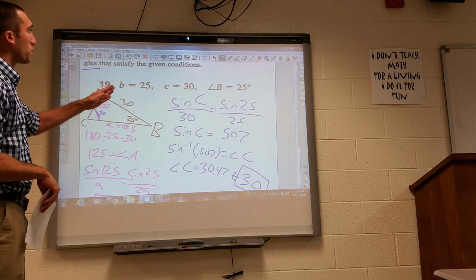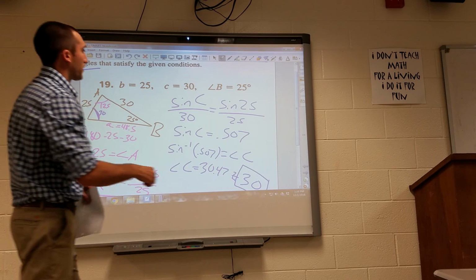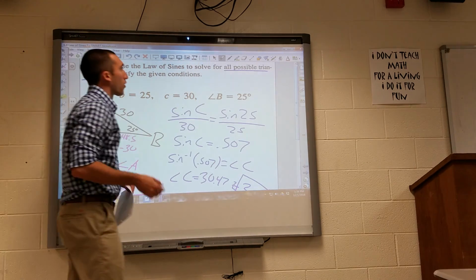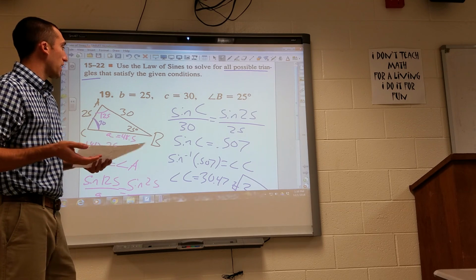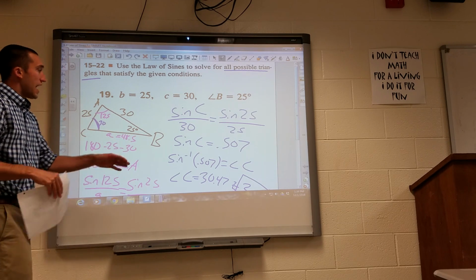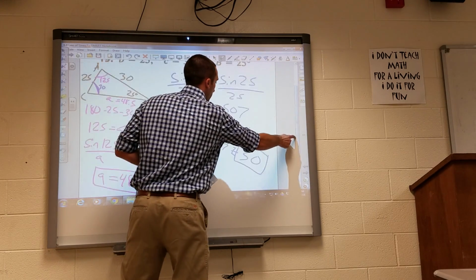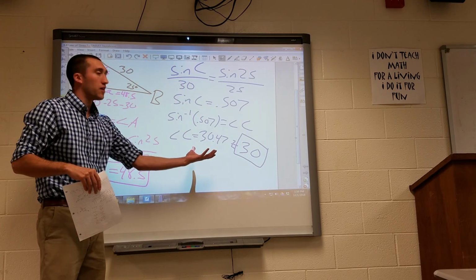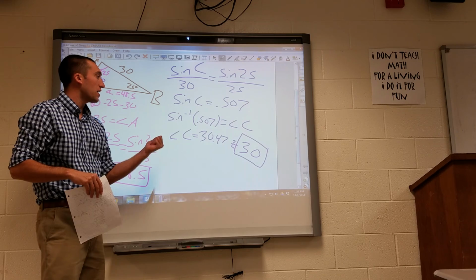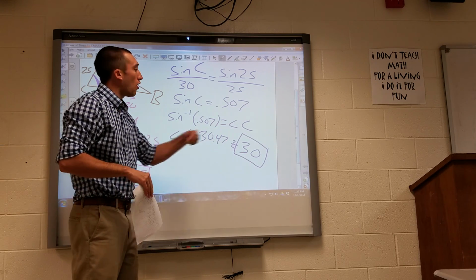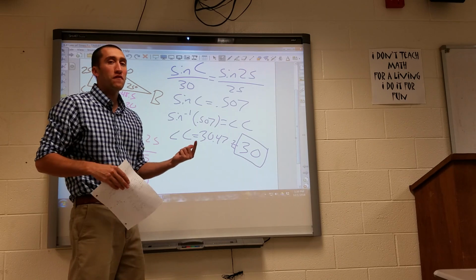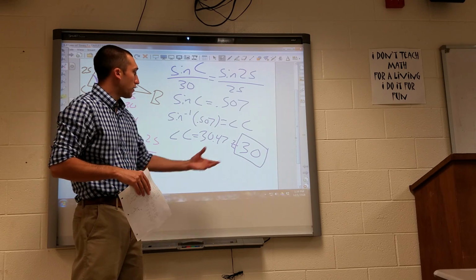However, I have to go back to the original question, and it says solve for all possible triangles. So what do they mean by all possible triangles? Well, after I did my first law of sines and found angle C, I found angle C to be 30 degrees. But angle C could also be 150 degrees, maybe, right?